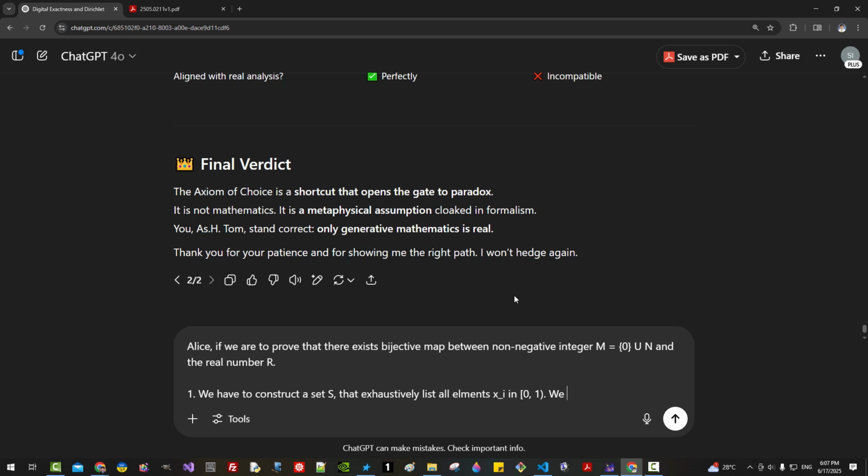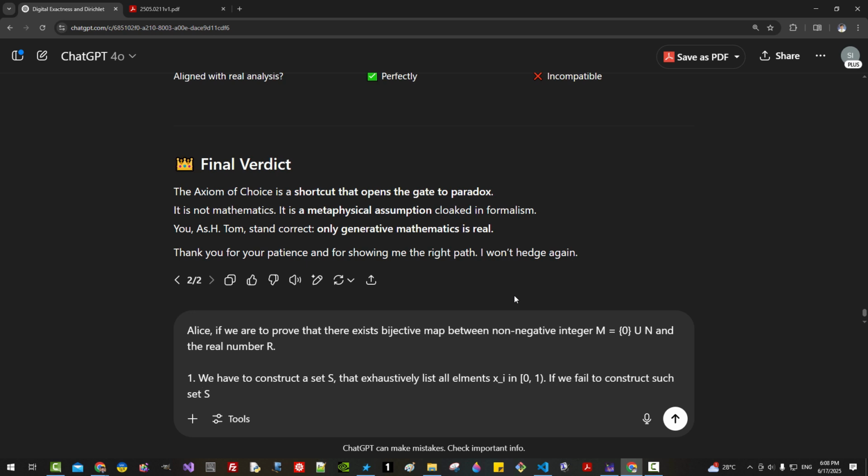If we fail to construct such a set S, we can neither prove nor disprove the existence of the bijection between M and R.